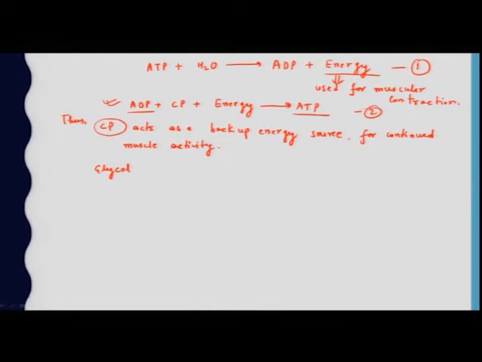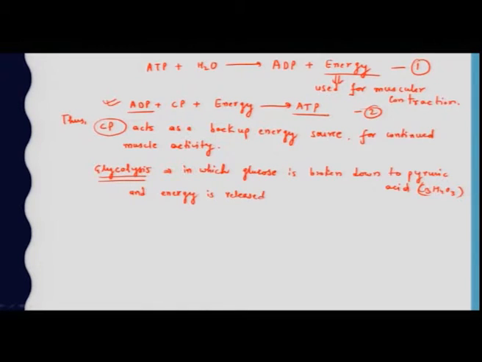Glycolysis is the process in which glucose is broken down to another molecule known as pyruvic acid, whose molecular formula is C3H4O3, and energy is released and used to form ATP molecules.